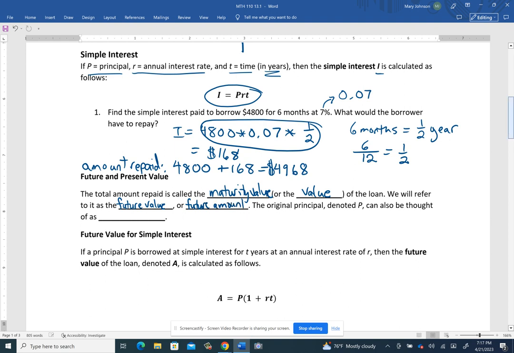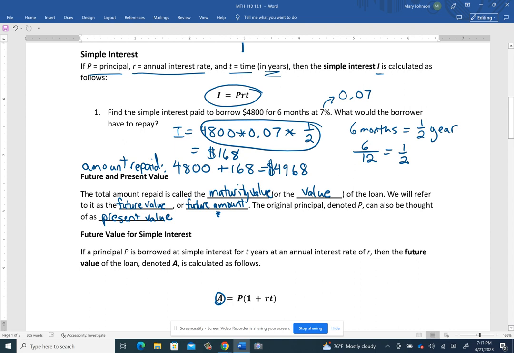And the future amount is where the A that we'll see in a second comes from in the formula. This A right here is really the future amount. The original principal that was denoted P can also be thought of as the present value, like how much you have now. How much you're planning to deposit, or how much you are borrowing currently.